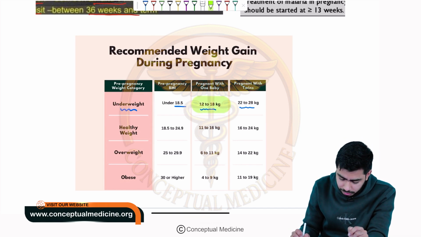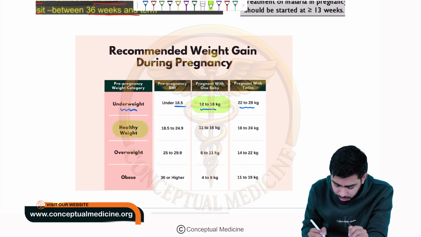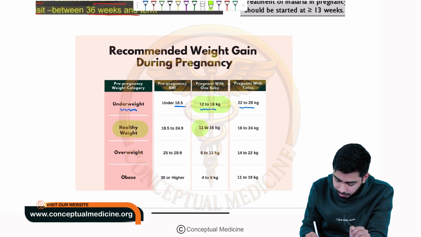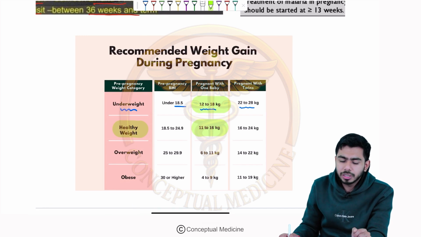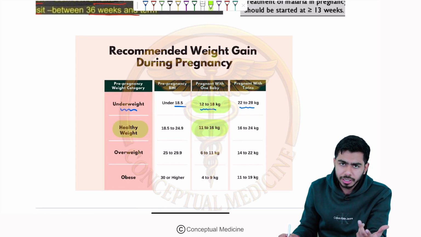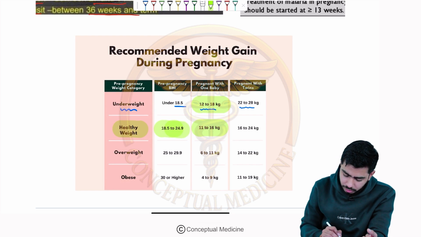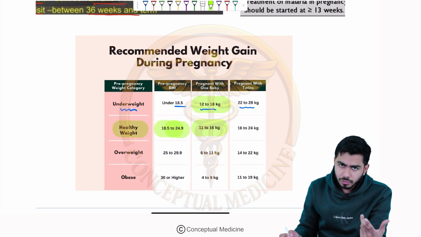For healthy weight, most probably the question will come from this. In healthy weight, BMI 18.5 to 24.9, pregnancy with one baby, 11 to 16 kg is the weight gain range, and 16 to 24 kg for twins.